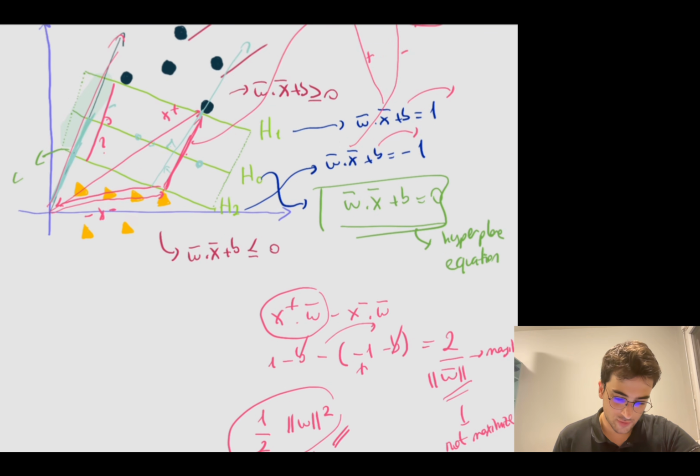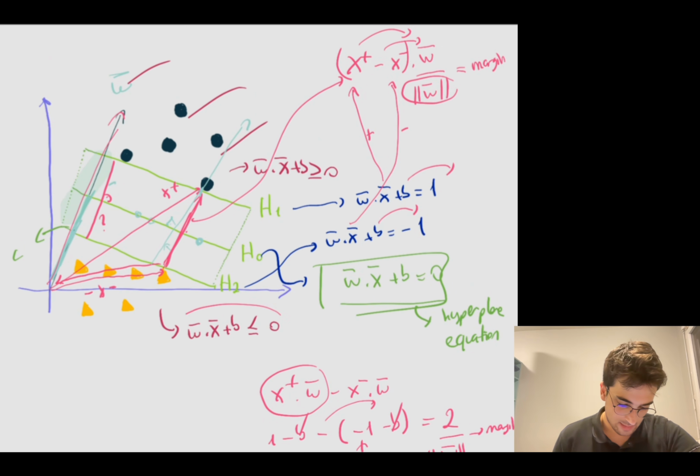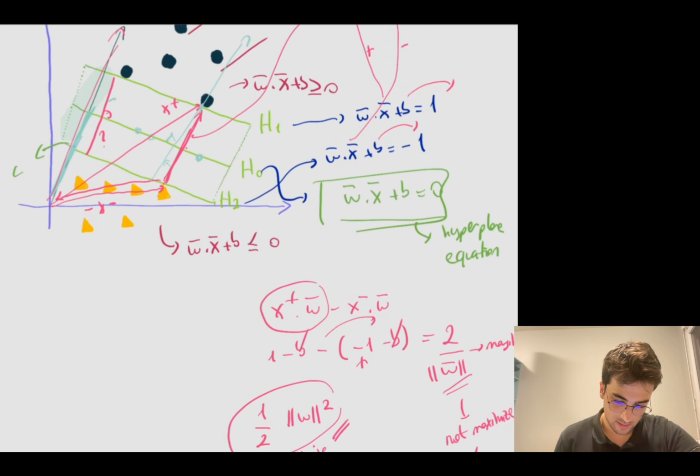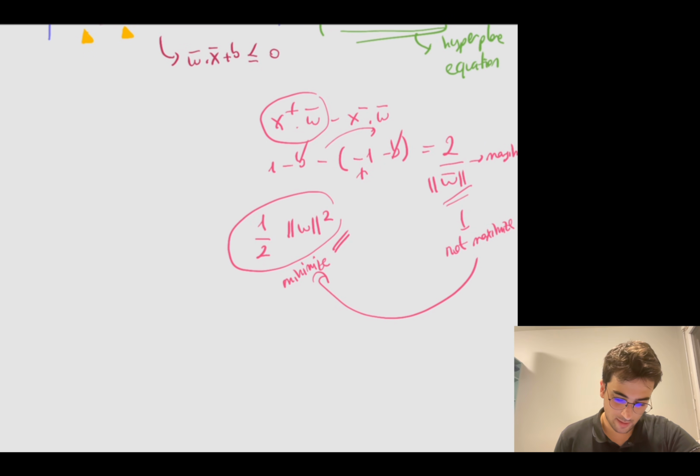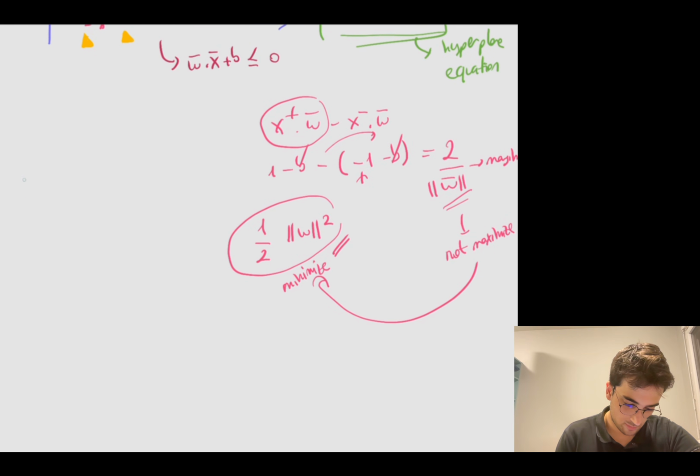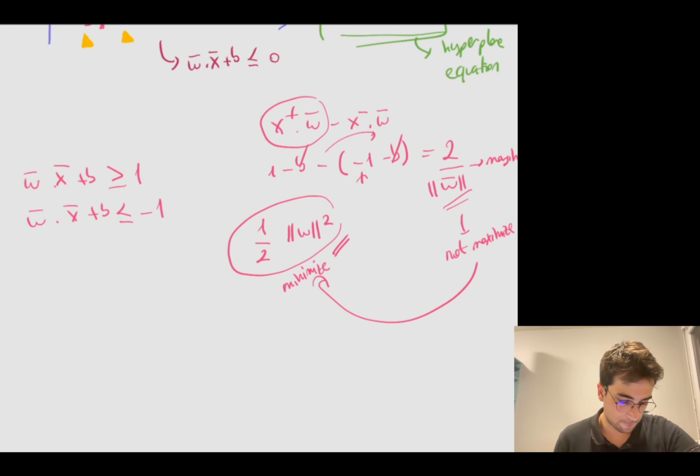And we have some constraints that are these. More precisely, these ones. Let's write down the constraint also. w times x plus b should be greater than 1, and w times x plus b should be smaller than minus 1, right?